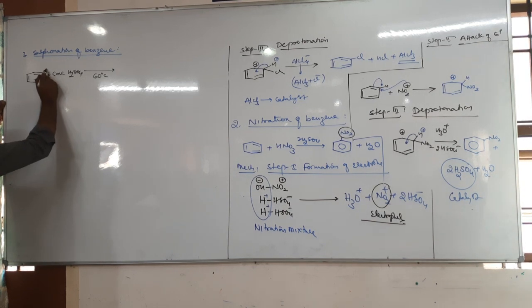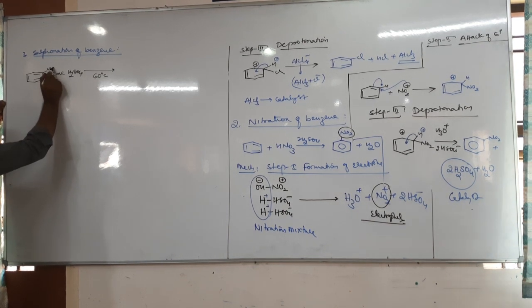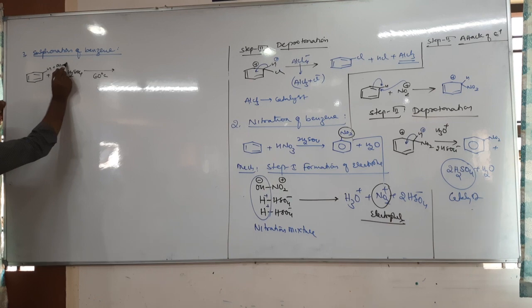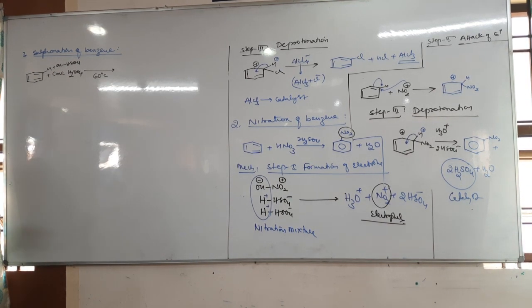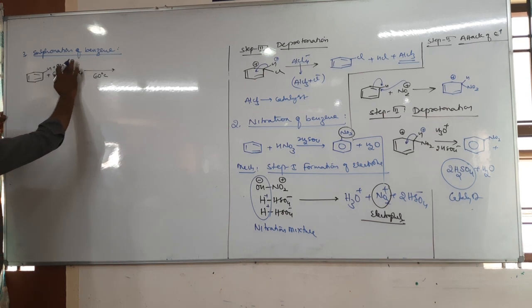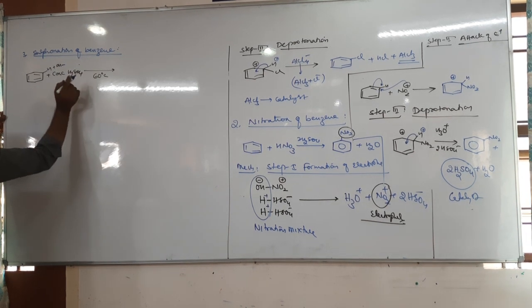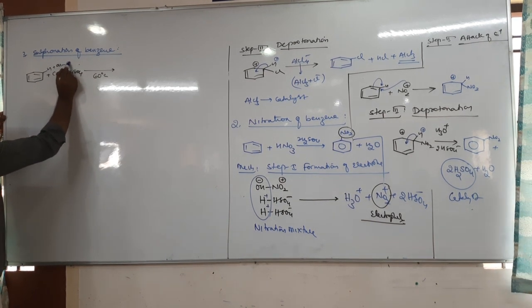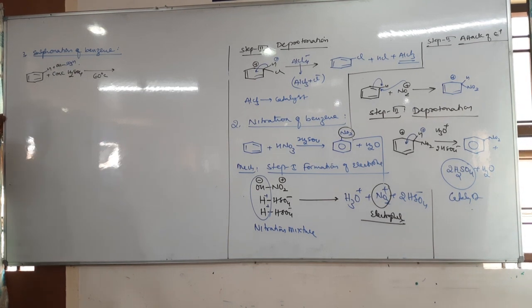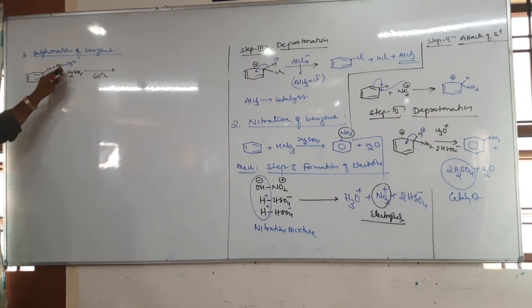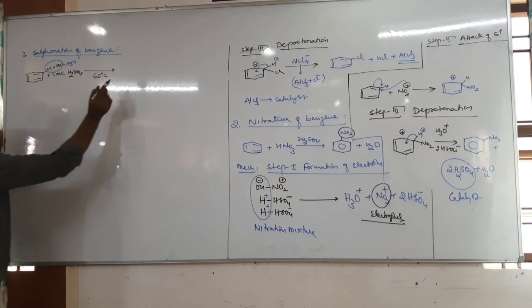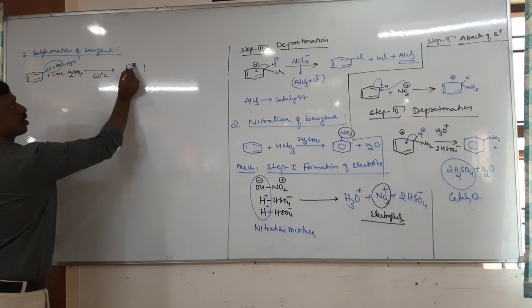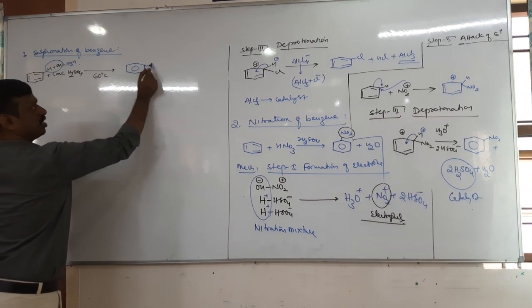One of the hydrogens in sulfuric acid can be written as OH, HSO4 minus. Remove the water and the product is benzene sulfonic acid.